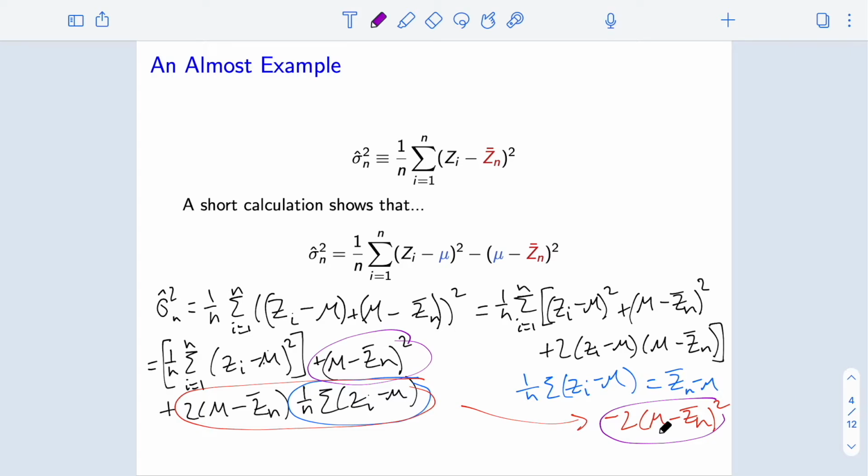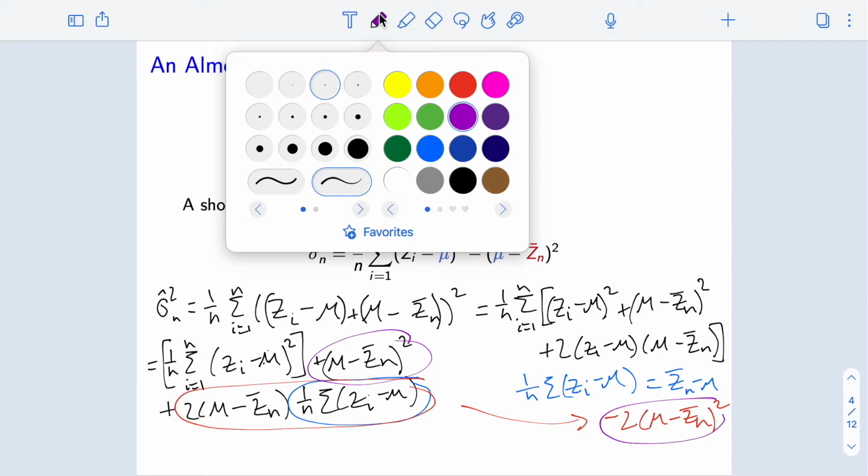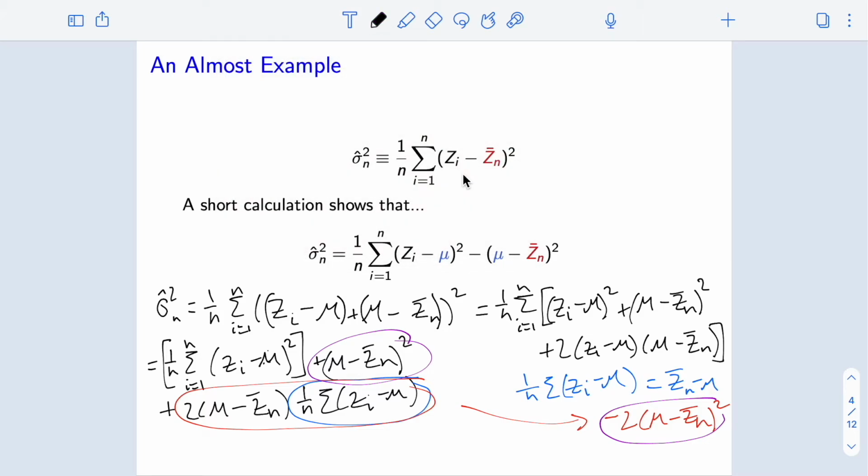So that's just going to give us a negative 1 (mu minus z bar n) squared. And so finally, this is equal to 1 over n sum i equals 1 to n of (zi minus mu) quantity squared, minus (mu minus z bar n) quantity squared, which matches exactly with what we have here.